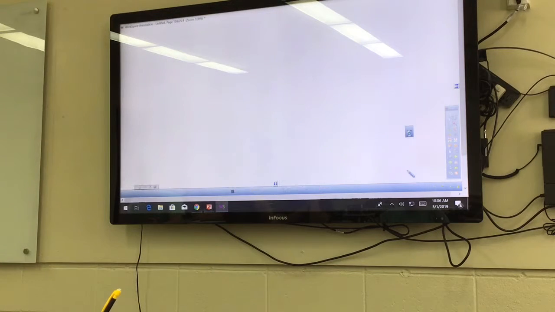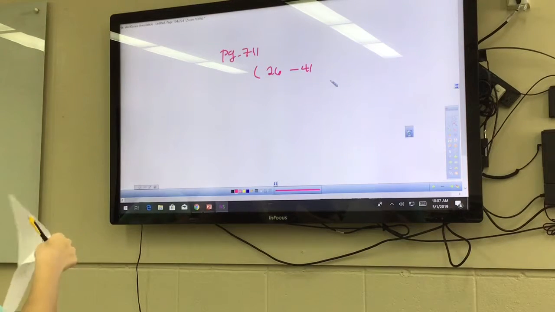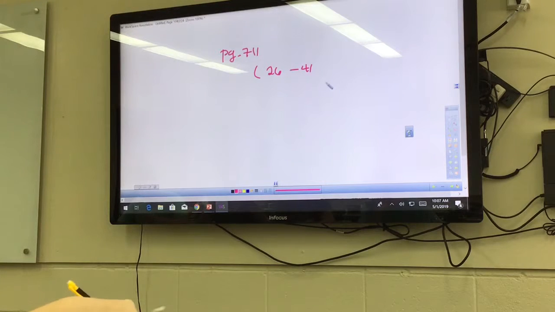Alright, so now I would like for us to add to what we did in yesterday's homework. We're going to work on page 711, 26 through 41 and 45 through 50.